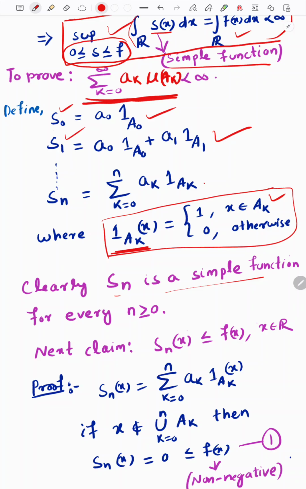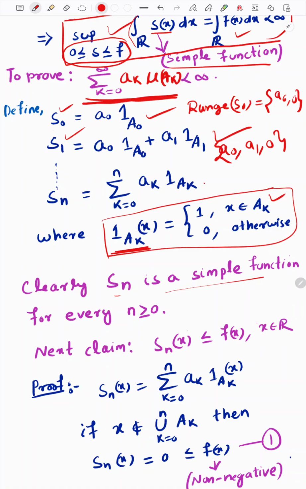I have already told that a simple function means the range contains a finite number of terms. Here the range of s_0 contains a_0 or 0. In a similar way, if you calculate the range of s_1, you can find it is a_0, a_1 or 0.